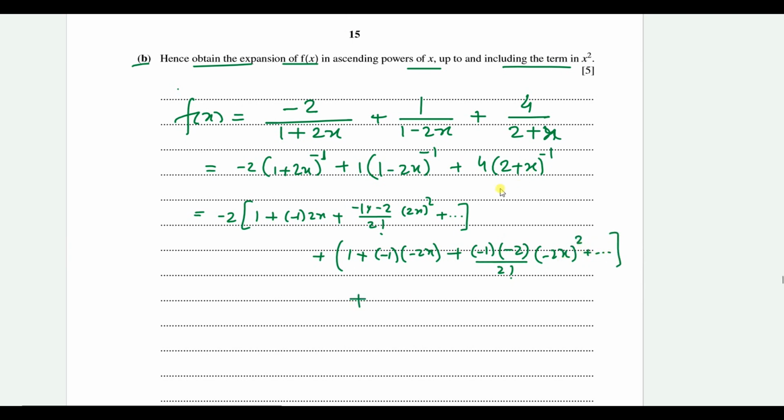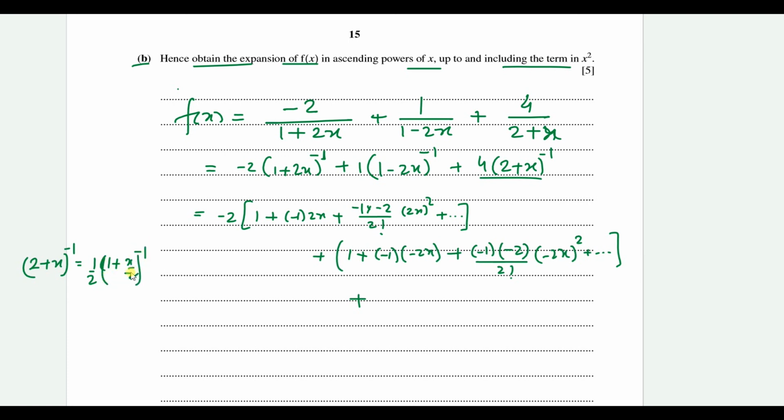And for the last one, 4 into (2 plus x) to the power minus 1, we will take 2 common. I will write 2 plus x to the power minus 1 as 1 upon 2 to the power 1 into (1 plus x by 2) to the power minus 1.